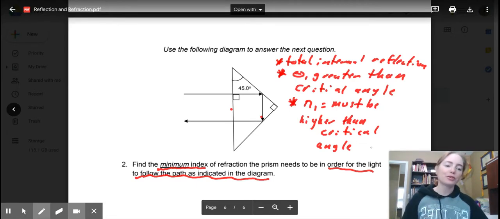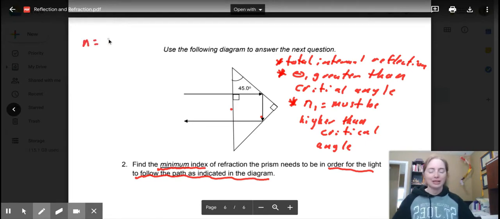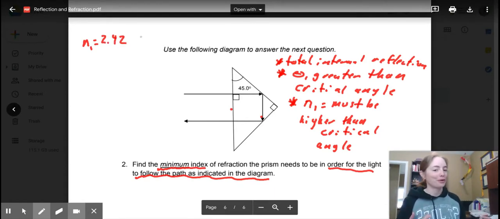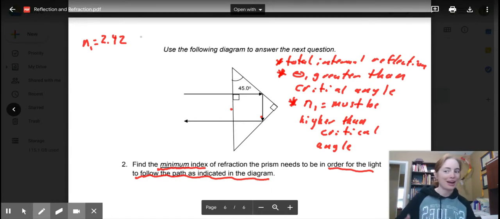But go back and look at it. Notice how we were able to calculate the critical angle of that diamond, and remember that a diamond's N value was 2.42. If we wanted total internal reflection out of that diamond, we could hypothetically increase that N value with that same angle.